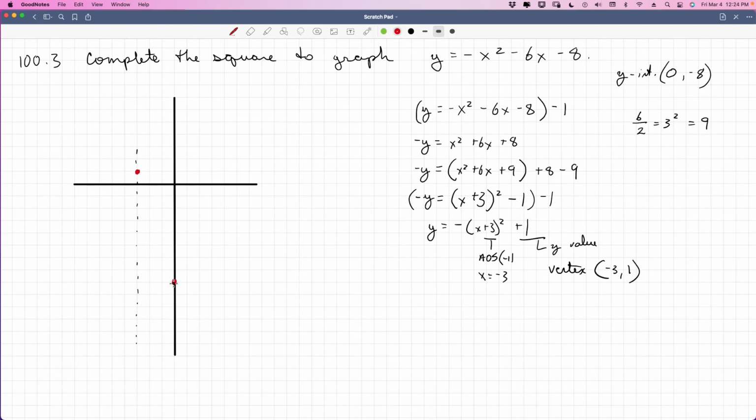Here's our y-intercept. So now we're going to come across 1, 2, 3, 1, 2, 3. And there is our mirrored point from the y-intercept. And now all we need to do is draw our parabola. I'm going to see if I can get really close. There we go.